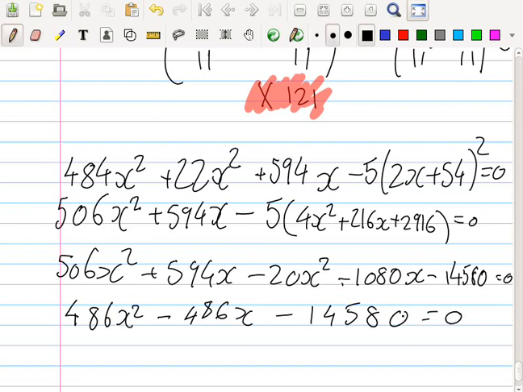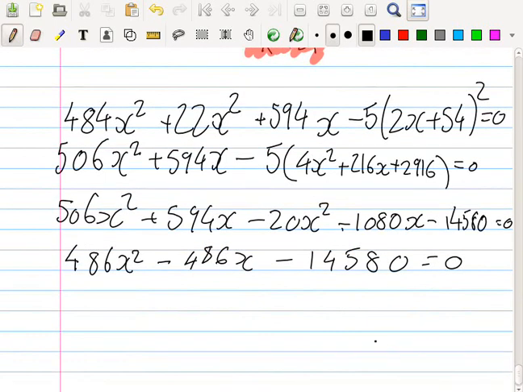Now, I have a funny feeling this number can be divided by 486. See if you can divide 486 into this number, please. It equals 30. Yeah? So you get x squared minus x minus 30 equals 0.